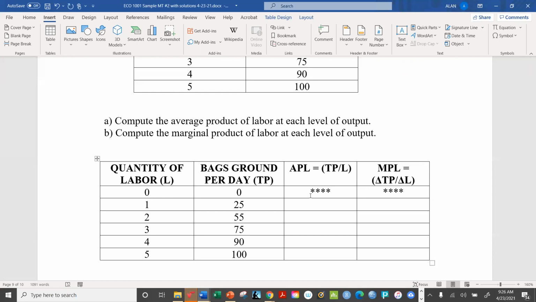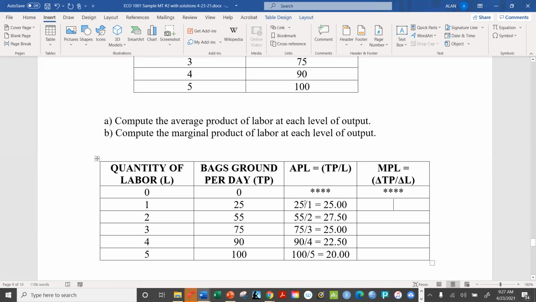But what happens after that? The averages are easy. Here we have 25 over 1 equals 25. Here we have 55 over 2, which is 27.5. Then 75 over 3, which is 25 even. Then 90 over 4, which is 22.5. And 100 over 5, which is 20.